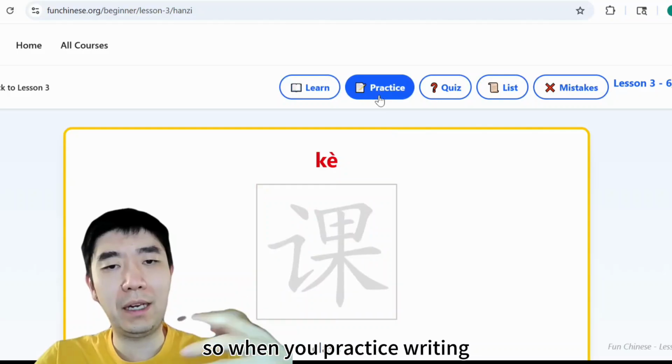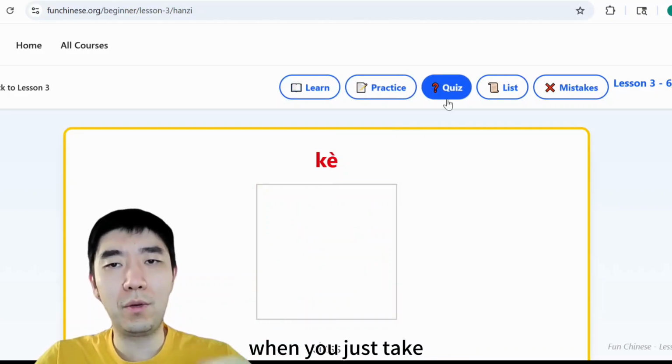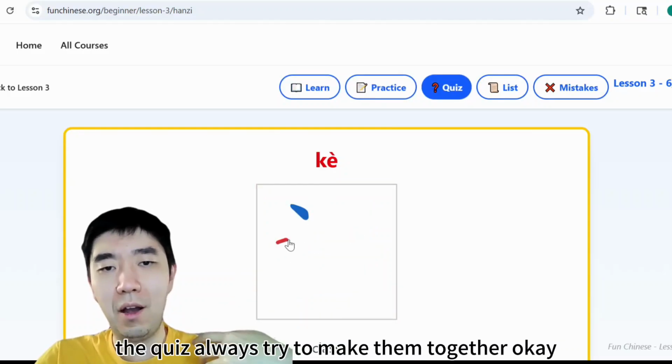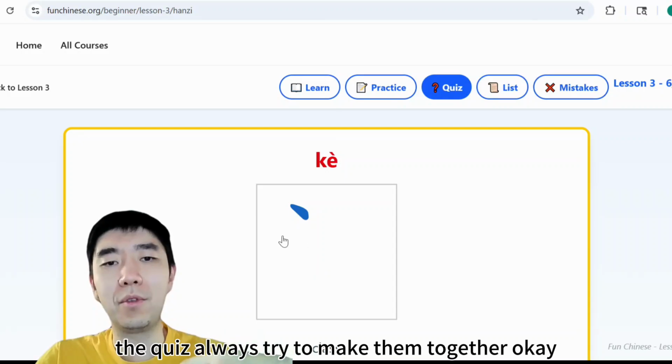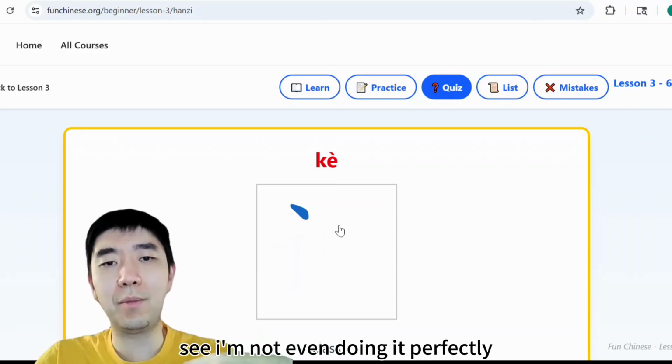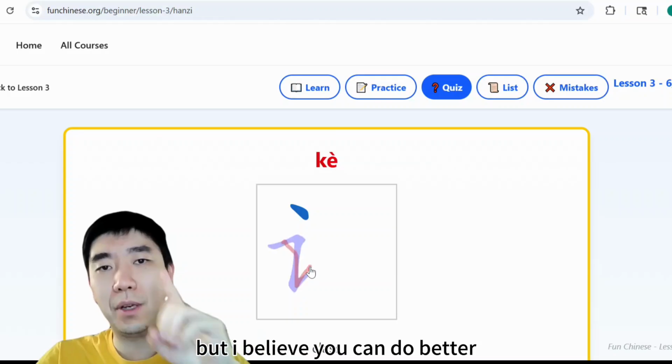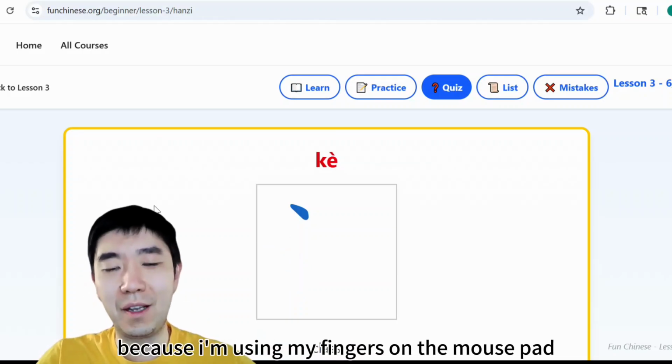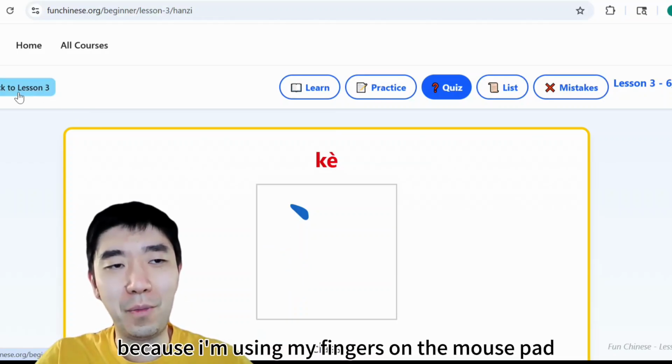So when you practice writing, when you take the quiz, always try to make them together. Okay? See, I'm not even doing it perfectly, but I believe you can do better because I'm using my finger on the mouse pad.